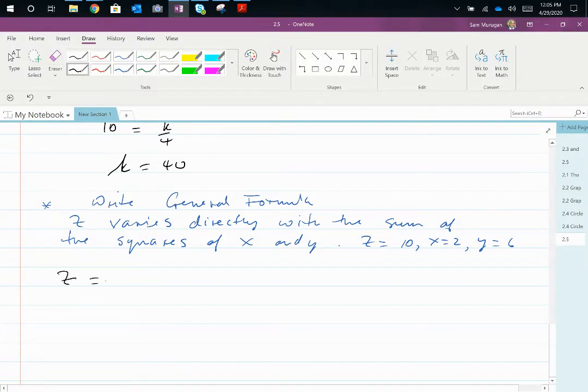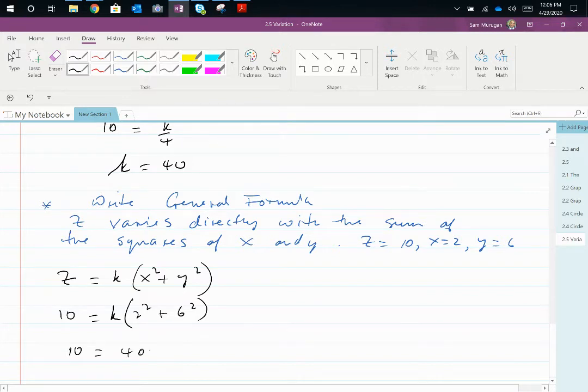Z is equal to k times x squared plus y squared, the sum of the squares. Substitute real numbers. We have z is 10, x is 2, y is 6. So 10 equals k times 36 plus 4, which is 40.